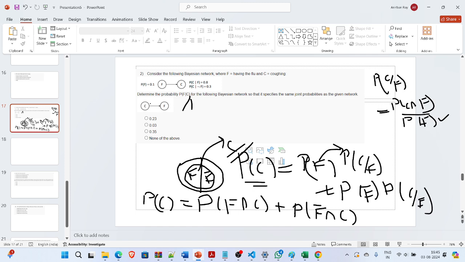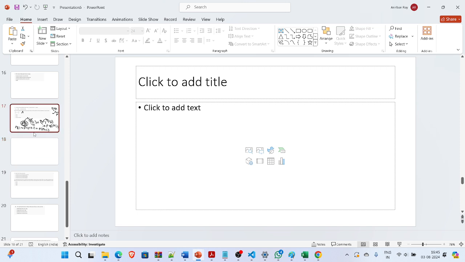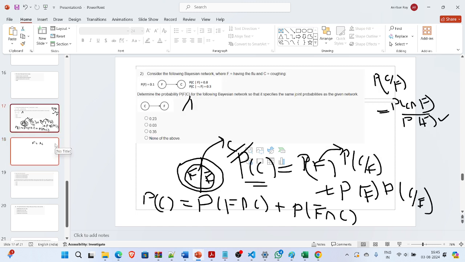The arrow from which it comes is independent, and the variable the arrow goes to is dependent on the variable that the arrow comes from. Maybe a little complicated, but what I mean is that F is dependent on C. So this is a Bayesian network.